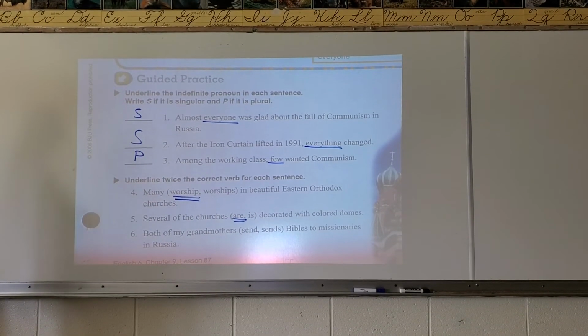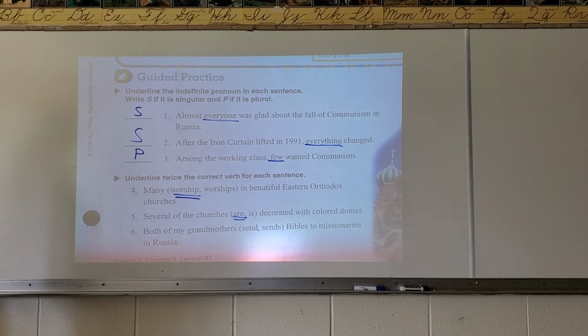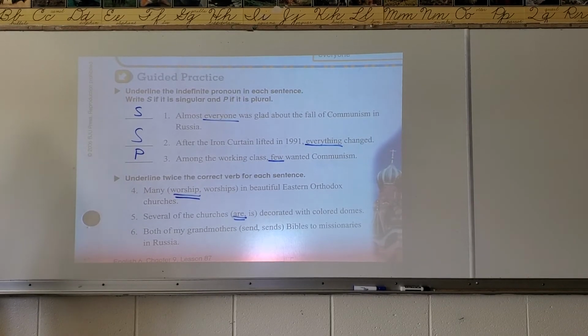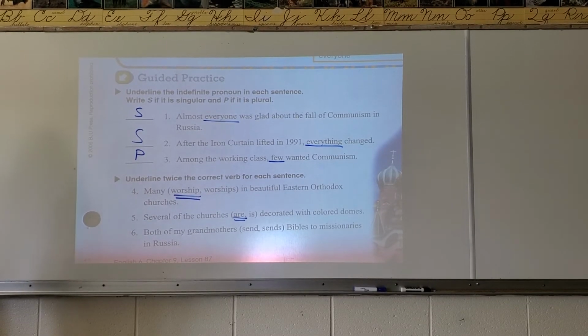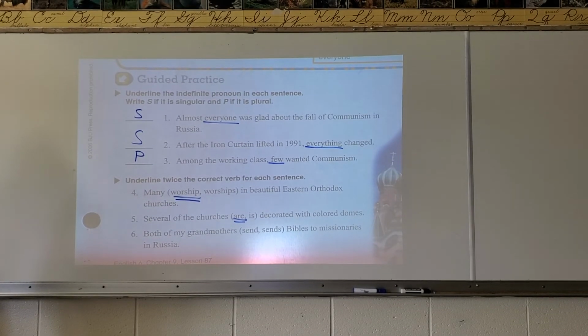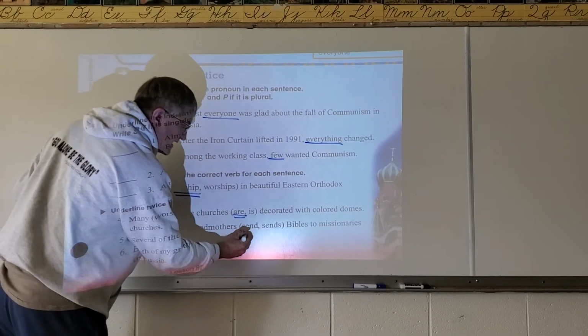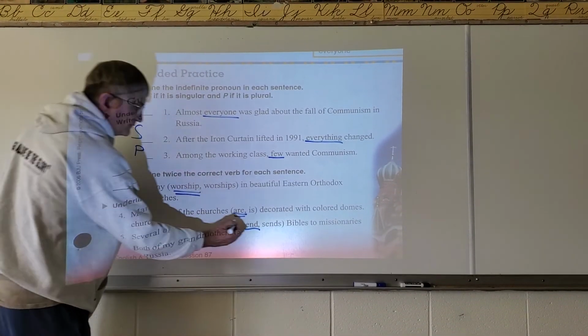Number 6, both of my grandmothers send or sends Bibles to missionaries in Russia. All right, now we have both, so therefore we have the verb send. I forgot to underline it twice.